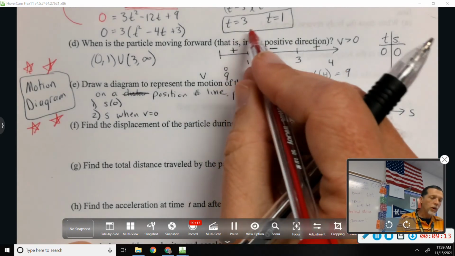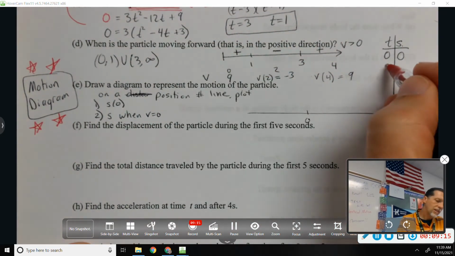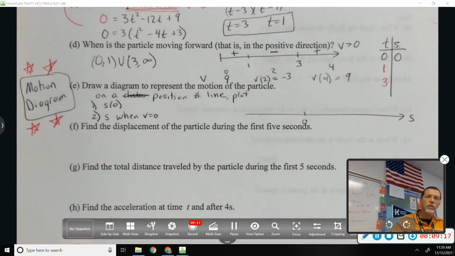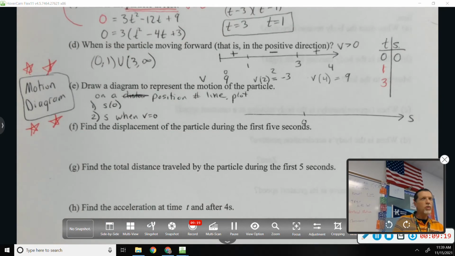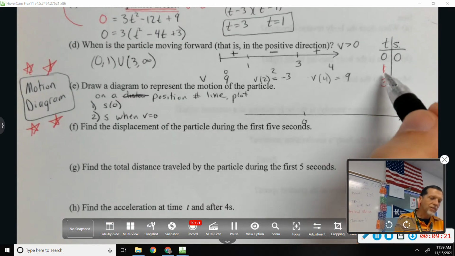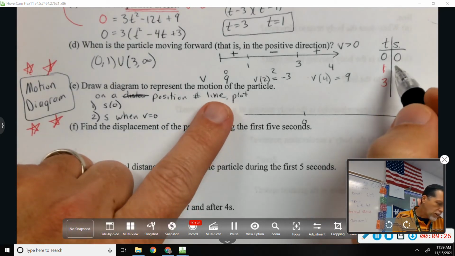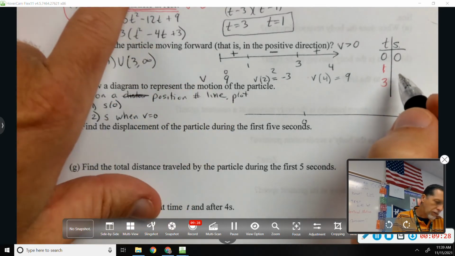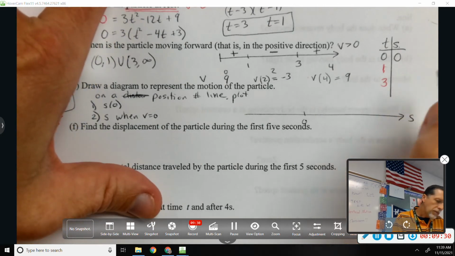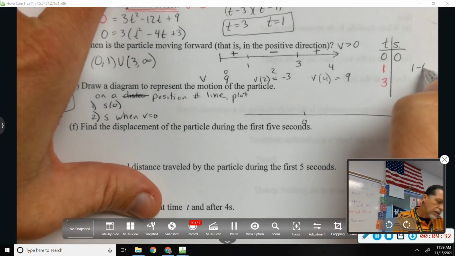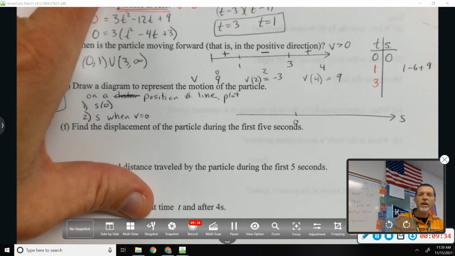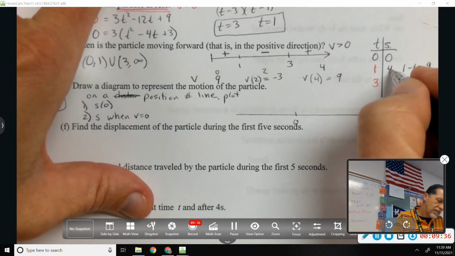1 and 3 are critical points of S. So we're used to making a table with critical points on it. Just using it in a different way, but it's that same process. Here are my critical points. Do I have S of 1 somewhere? I don't think I do. Plug in 1: 1 minus 6 plus 9. So that one's not too bad. 4.